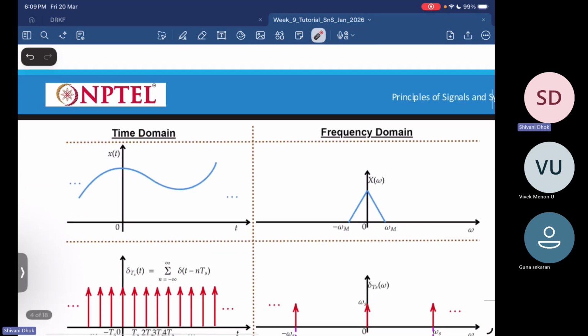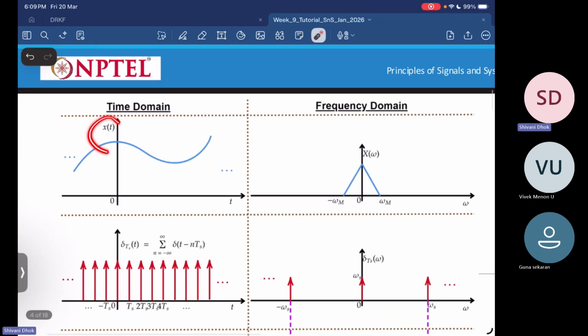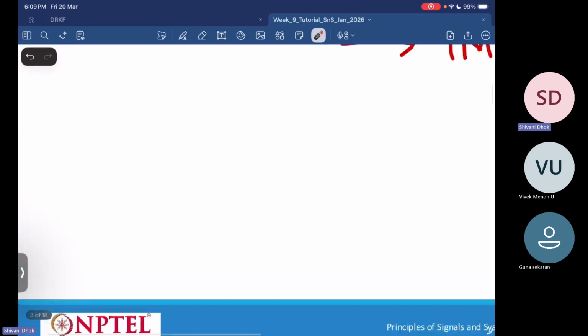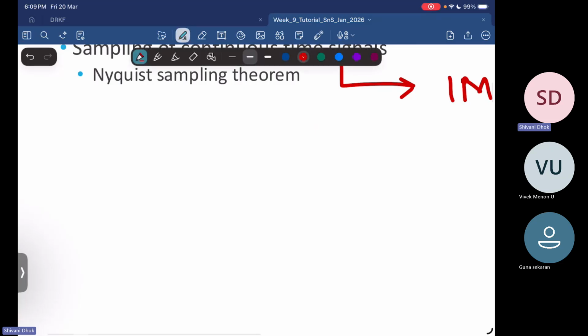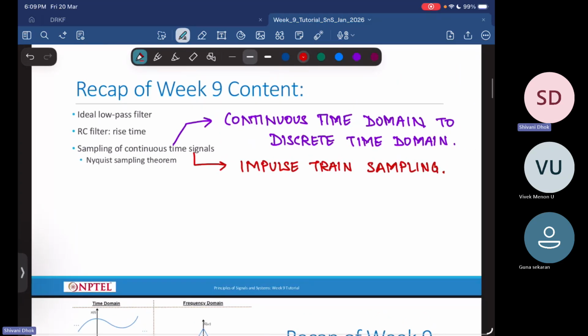To do that, we multiply this x of t with an impulse train delta Ts of t, such that you have a unit impulse at every integer multiple of Ts. And what is Ts? Ts is basically your sampling duration.